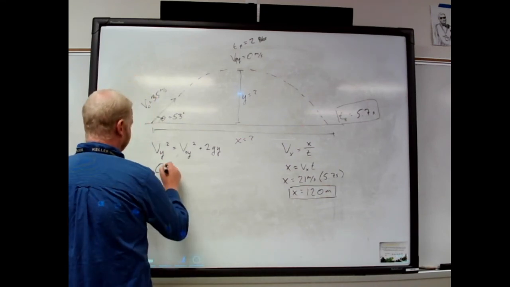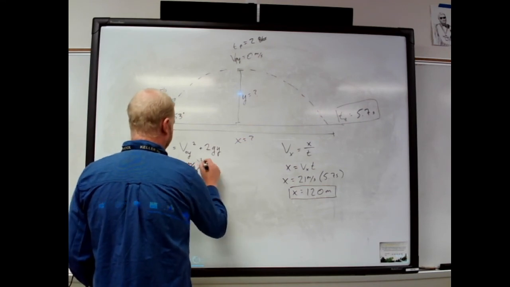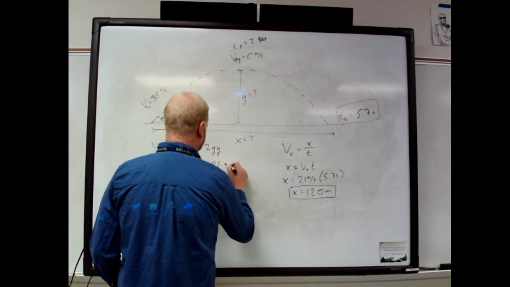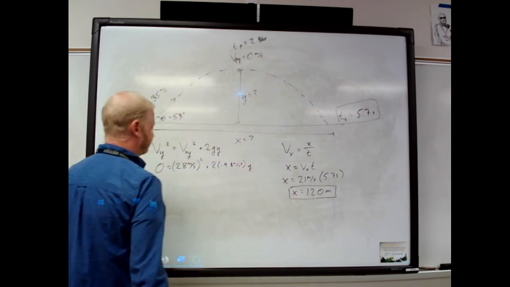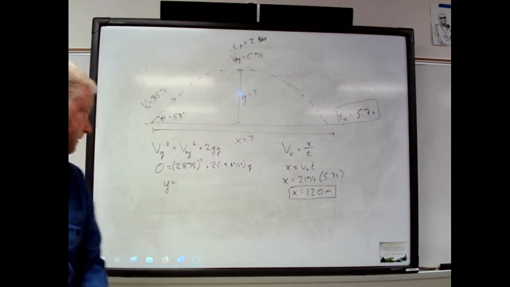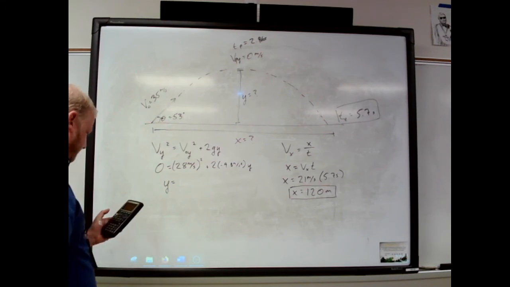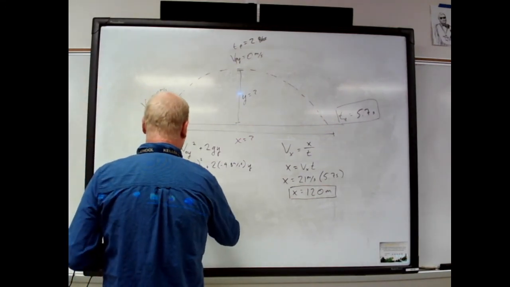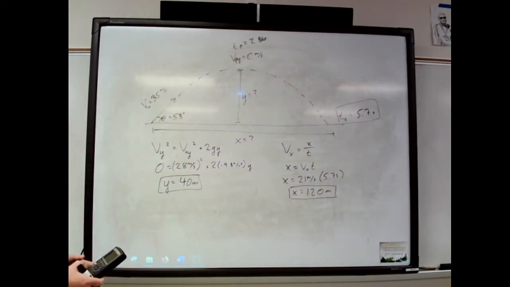So this would be 0 is equal to 28 meters per second squared plus 2 times negative 9.8 meters per second squared times our displacement. So if we solve that out, we get 28 squared, over 19.6, a vertical displacement of 40 meters.